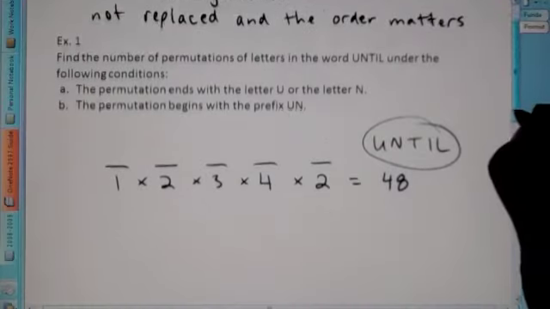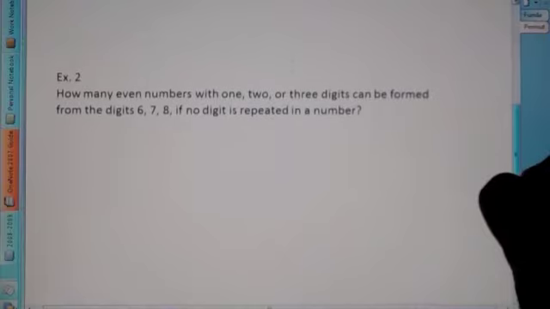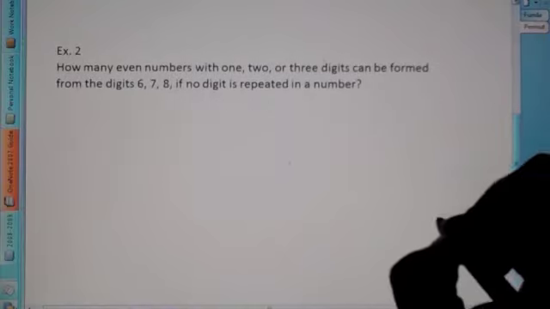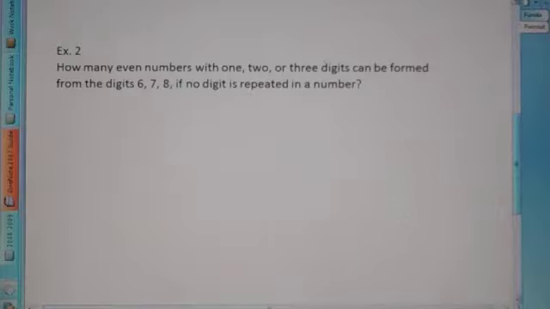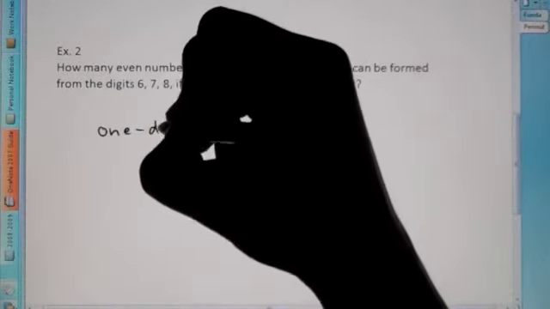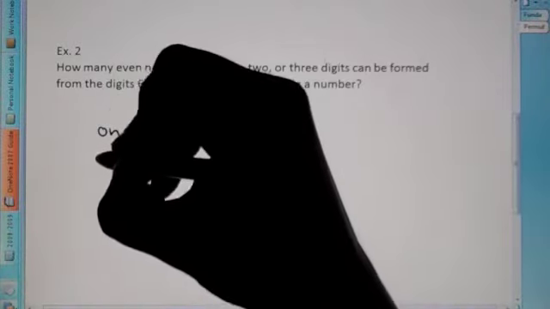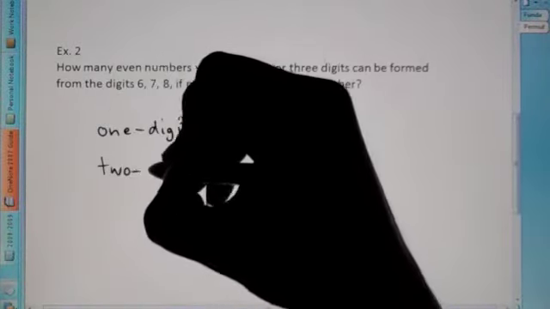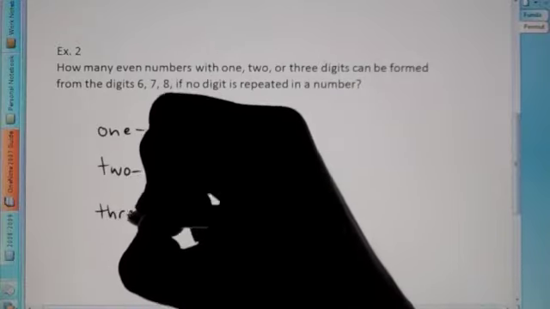Now let's look at the next one. How many even numbers with 1, 2, or 3 digits can be formed from the digits 6, 7, 8 if no digit is repeated in a number? Let's think about it. We have 1-digit numbers, 2-digit numbers, and 3-digit numbers.